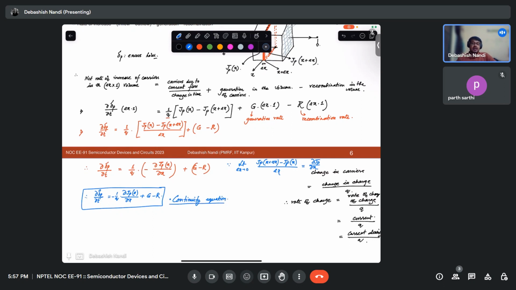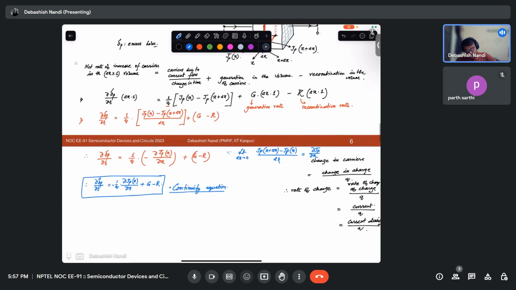The significance is that it tells you a situation where your device is not in equilibrium and all kinds of current transport are there, and you are taking into consideration generation, recombination and steady state. Okay, that is very important.